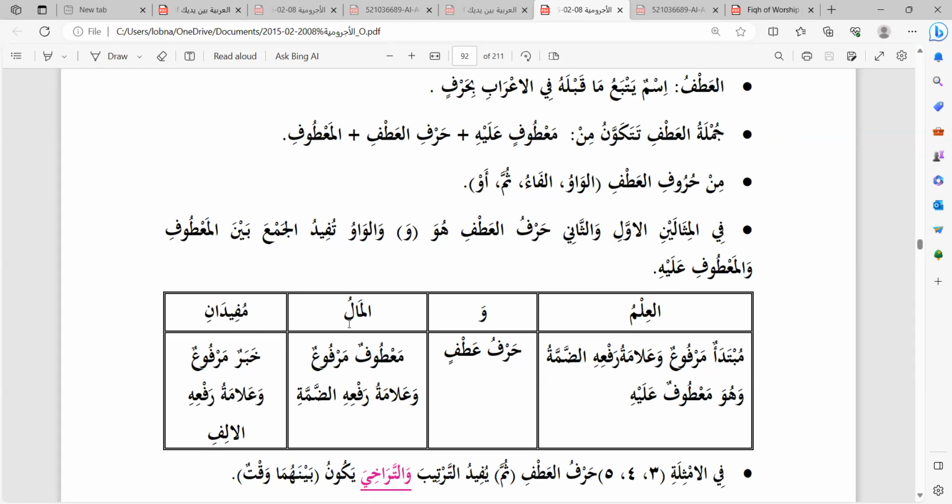So remember, this won't be خبر. خبر is something that's giving you the information. I could have always said علم مفيد مبتدأ and خبر. Now you have المال, so this is معطوف مرفوع وعلامة رفعه الضمة. مفيدان is خبر مرفوع وعلامة رفعه ألف because it's مثنى, two, for anything that's dual.